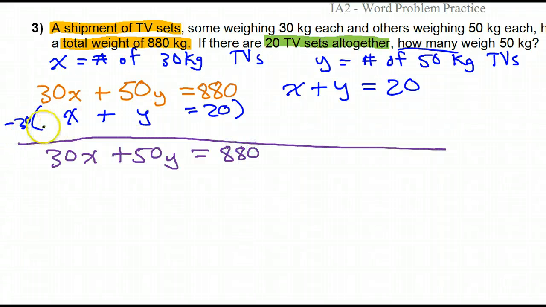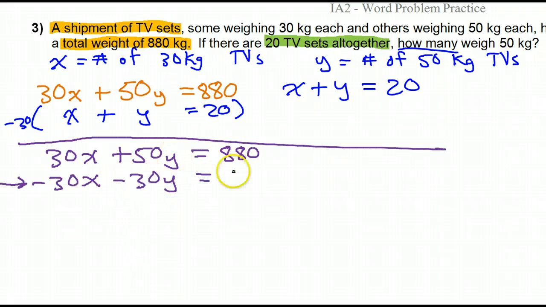Now I multiplied this equation by negative 30, so that's going to give me negative 30x minus 30y is equal to negative 600.